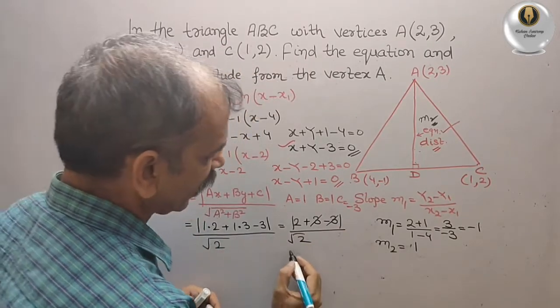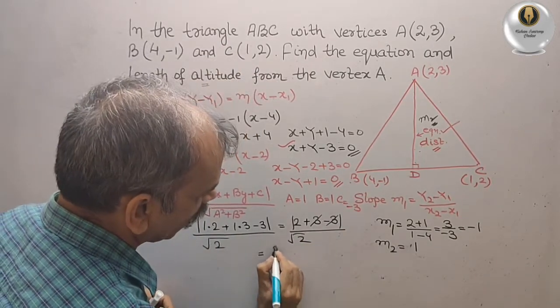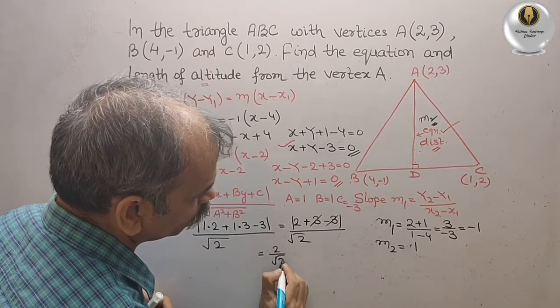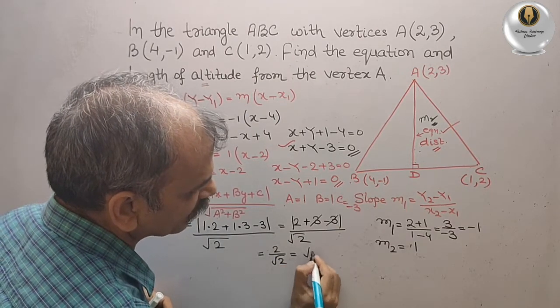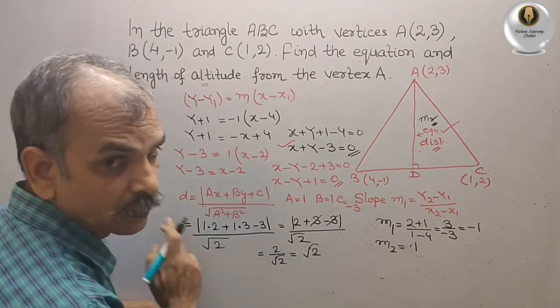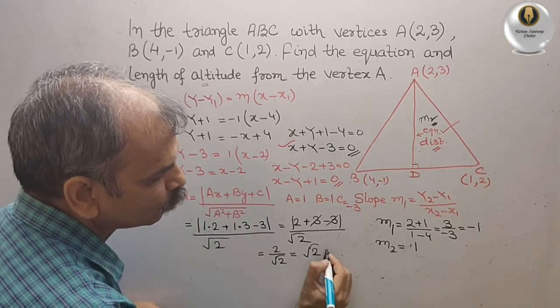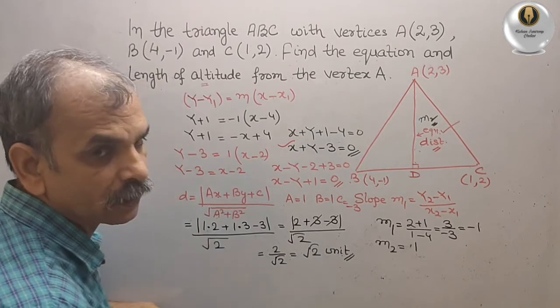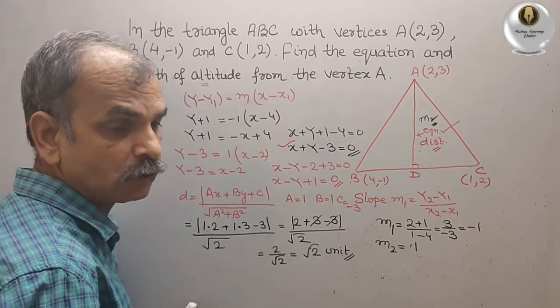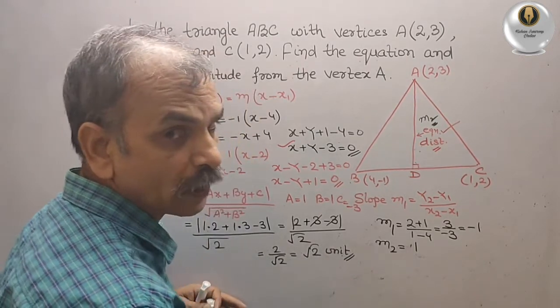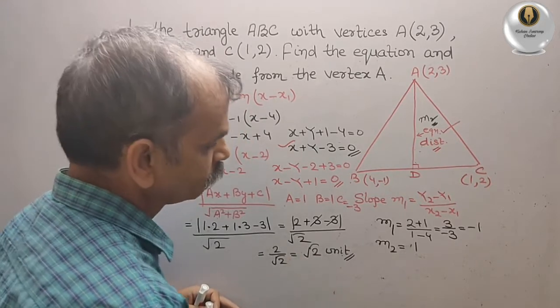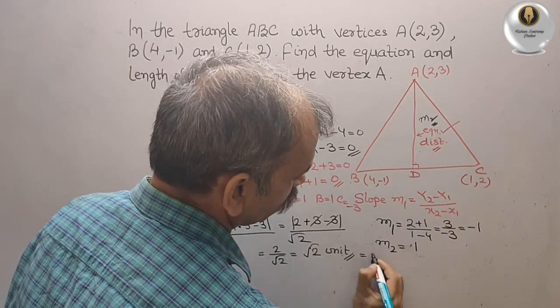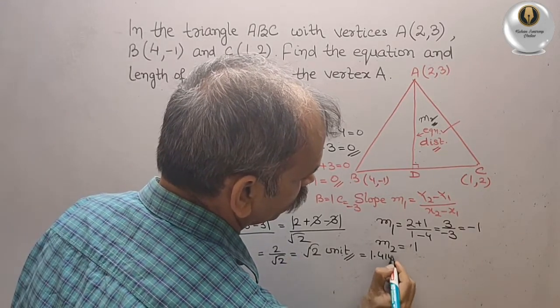So now you will get 2 by root 2, that is equal to root 2. Distance is root 2 unit. If they have given the values, you can write this root 2 as 1.414 unit.